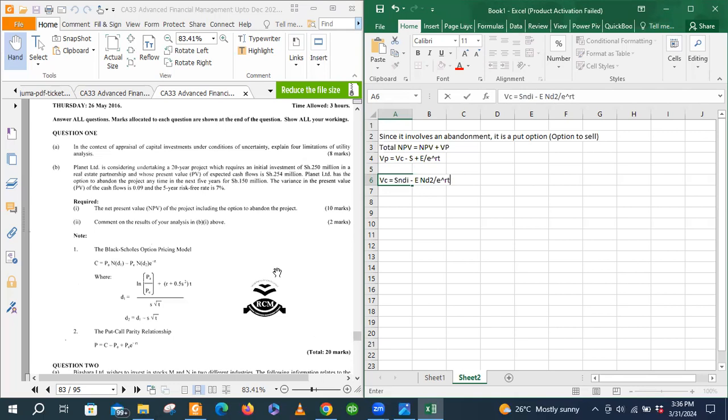I really like avoiding the negatives. That's why I'm not putting it kwa numerator. So I divide by so that I avoid the negative ya RT hiyo. Hiyo negative kusumbua watu. So N is about the normal distribution. Normal distribution of D1, which we shall check in the tables. So we need to get our D1.